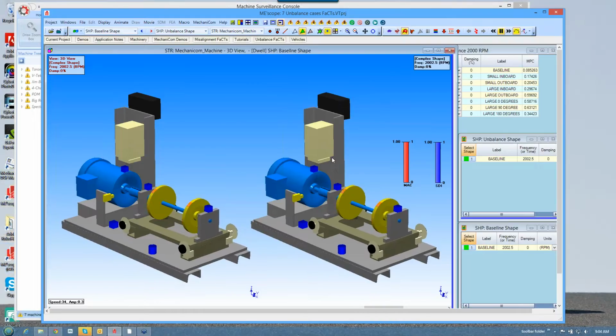In this case, it's the same shape. So the MAC and the SDI are both indicating that the exact same shape is animating on both models. If I look over here in these shape tables, you can see that this is the baseline. And then down here it also says baseline. So we're just animating the baseline or the balanced. This is the balanced state of the machine, and the 2 shapes, of course, are the same shape.